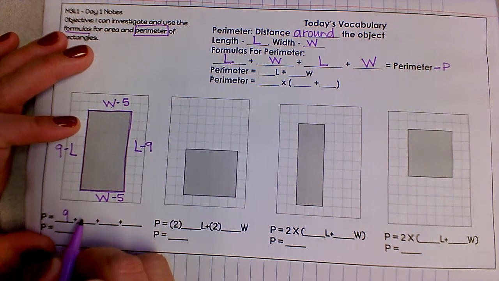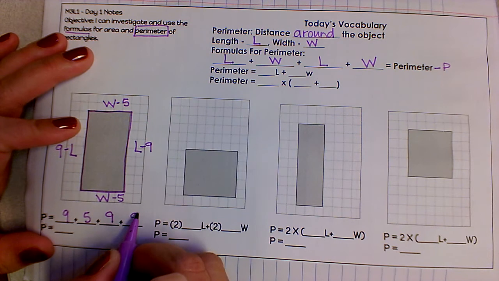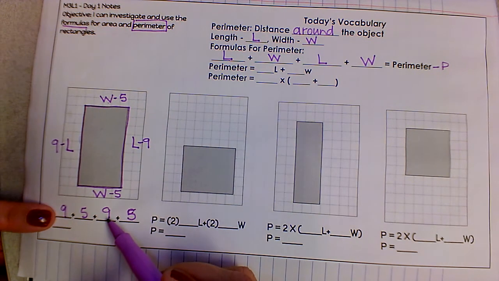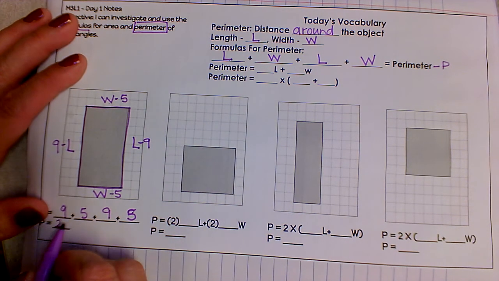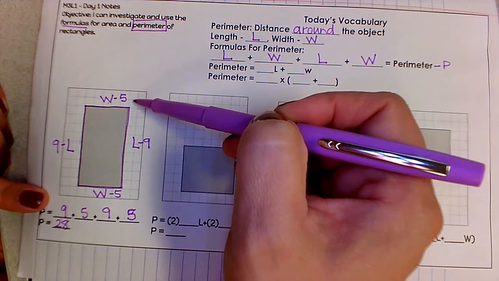So I have 9 plus 5 plus 9 plus 5, right? And I know that 9 and 9 is 18, plus 10 more makes 28. So I should have 28 squares all the way around.